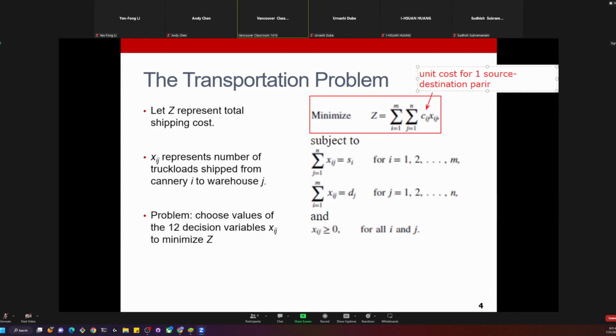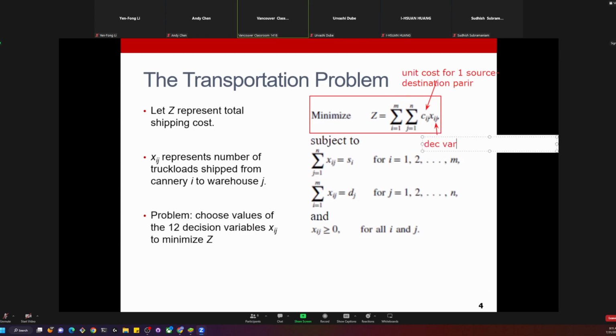So the x's are the number of units. So these are the decision variables that we have to decide: how many units to ship for every pair of source and destination. Right? And not every pair will receive units. Some pairs of source and destination will have no units, so 0 being allocated. So, units to ship between each source and destination pair.